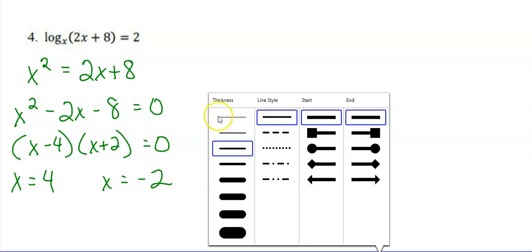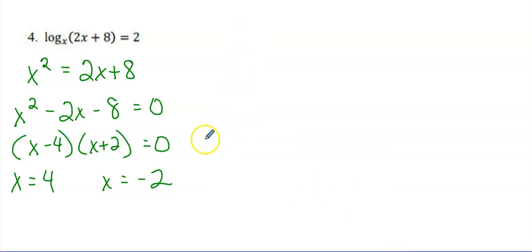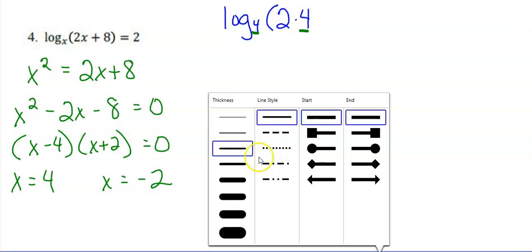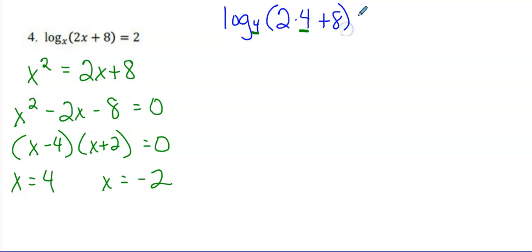And now I need to check both of them. So let's start with the 4. We're going to enter the 4 right here. So log base 4. And then we have to also plug in the 4 here. So we've plugged it in 2 places. Let's see, plus 8 equals 2.